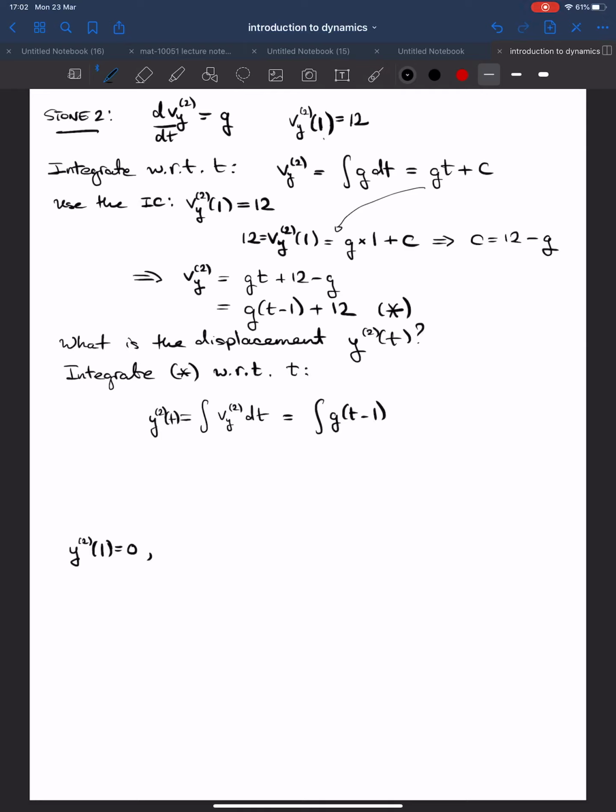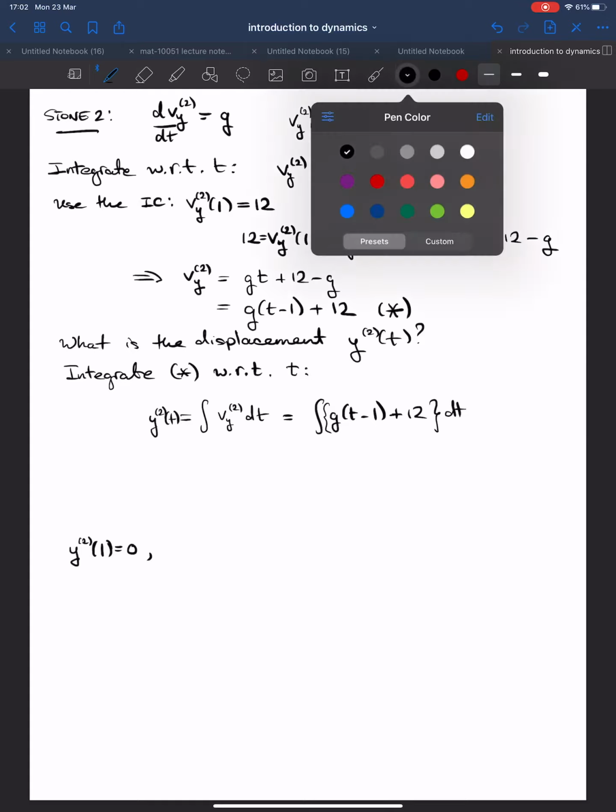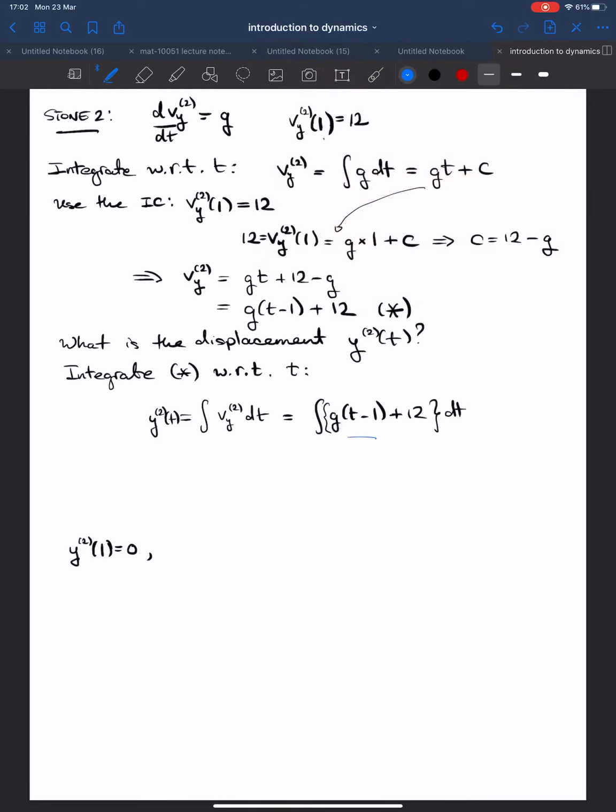Now personally, here's where the taste for the preferred type of integration comes in. This is going to be an indefinite integral. I see that this stone got dropped a second later, and that information is actually embedded in this t minus 1.